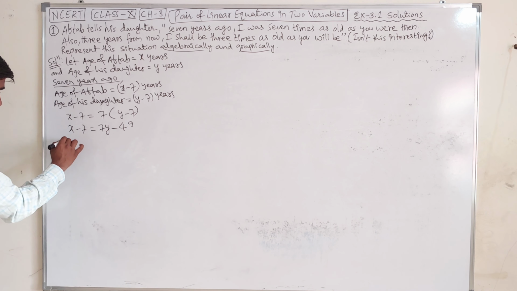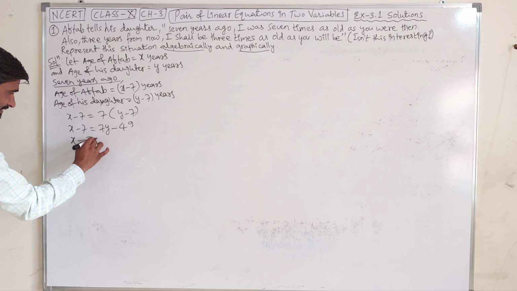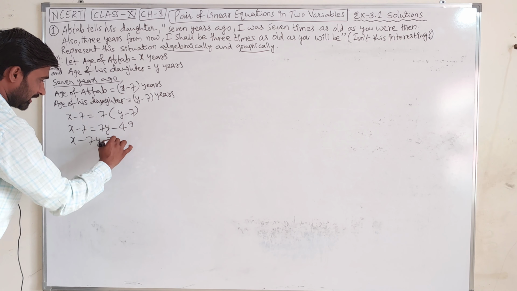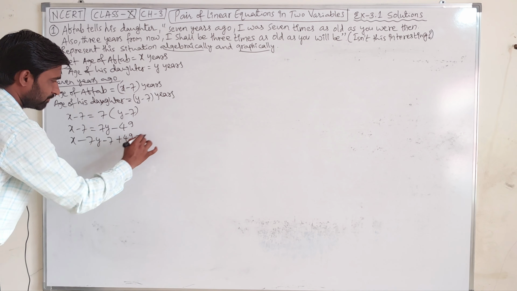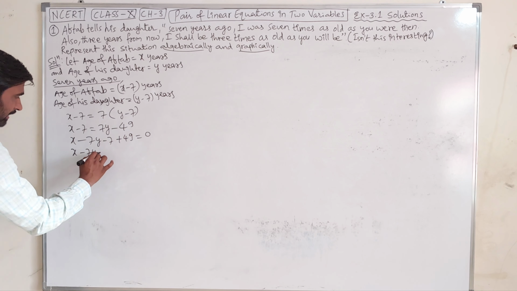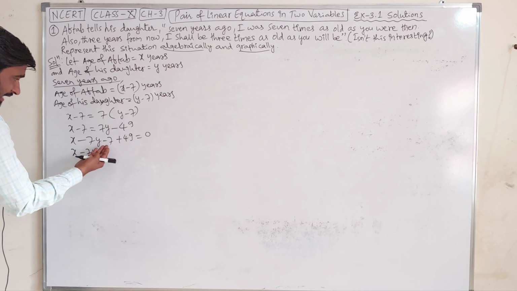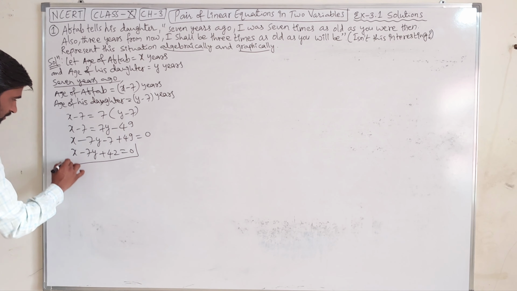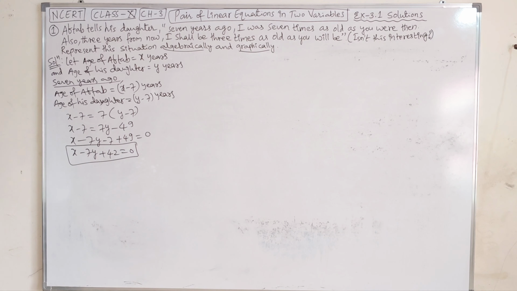Now bring this side, so we get x minus 7y minus 7 plus 49 equal to 0. Next, x minus 7y plus 42 equal to 0. So this is our first equation.